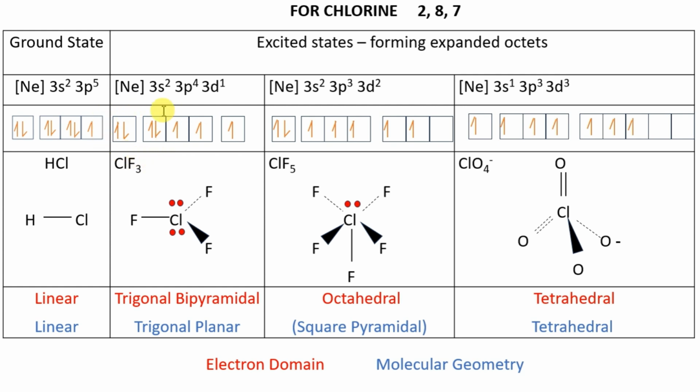We see from the structure that the chlorine atom still has 2 non-bonded pairs of electrons, giving a molecular geometry of trigonal planar, an electron domain geometry of trigonal bipyramidal.